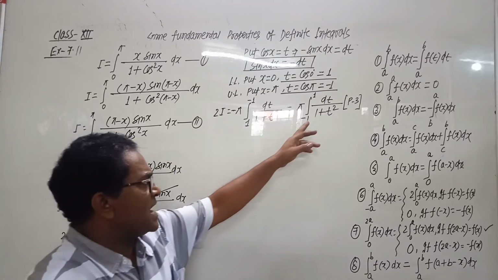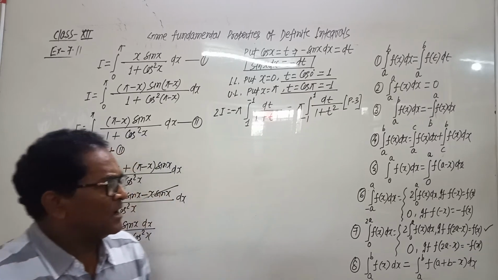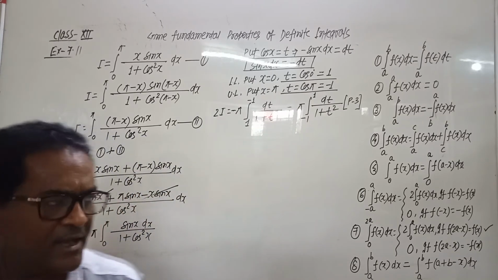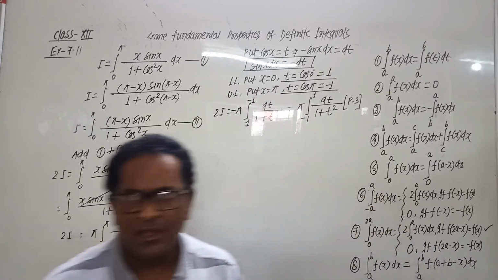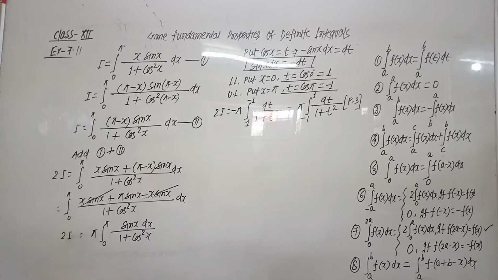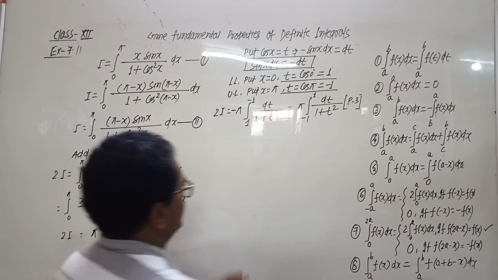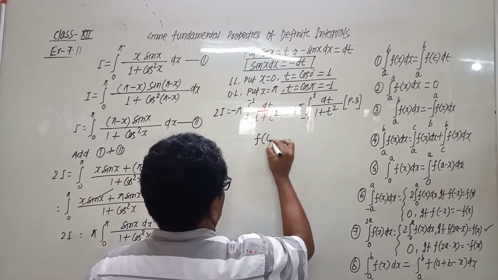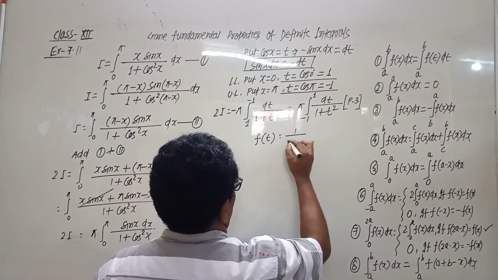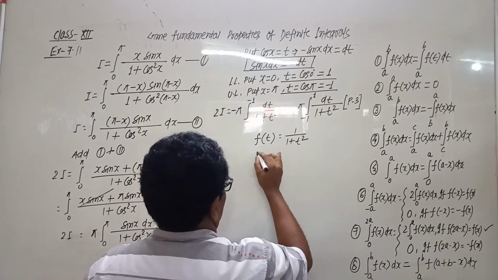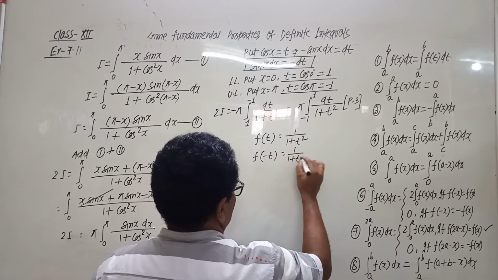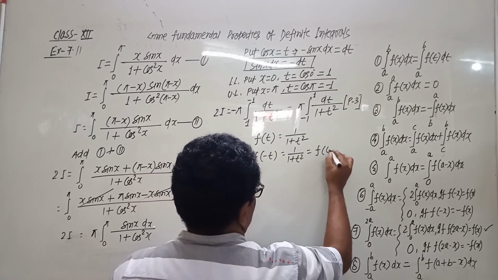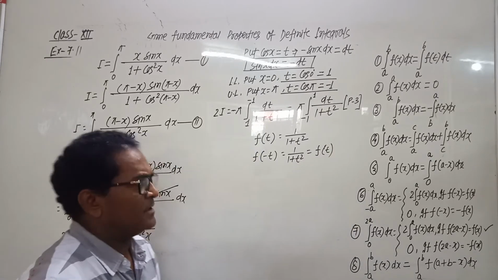Now this is the form minus a to a f(x) dx. So we will have to check whether the function is even or odd. Here the function is in terms of t. So f(t) is equals to 1 upon 1 plus t square, and f of minus t is also 1 upon 1 plus t square, means f of minus t is equals to f(t).